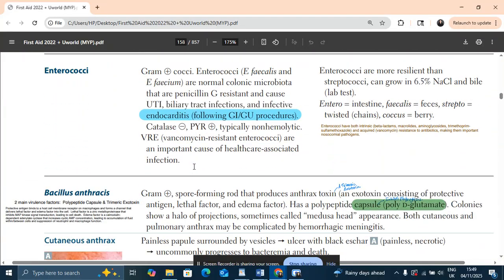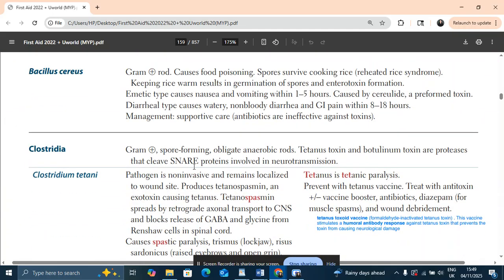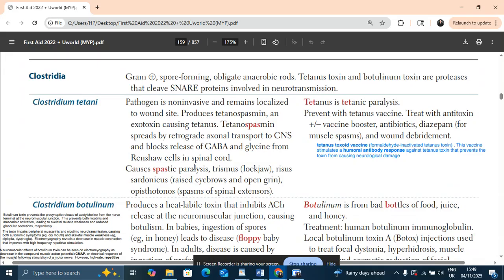And what are the treatment options for tetanus? Obviously antitoxin, then a vaccine booster, and antibiotics. For muscle spasm, a good option is diazepam. And obviously the first and foremost is wound debridement. Cleaning of the wound is very important.